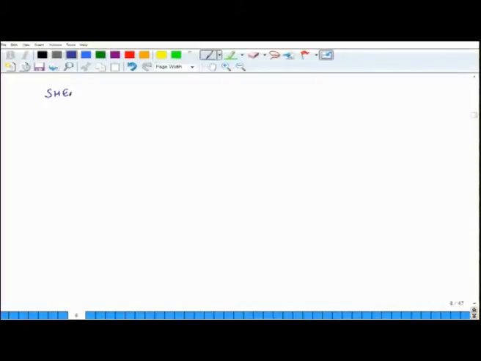Now, we will move on to predicting shear modulus of unidirectional laminates. So, this is designated by the symbol GLT. So, before we work on GLT, let us quickly recap how do we compute shear modulus of any material.